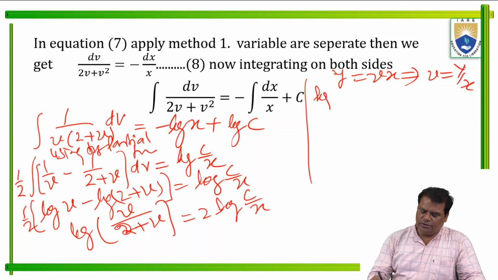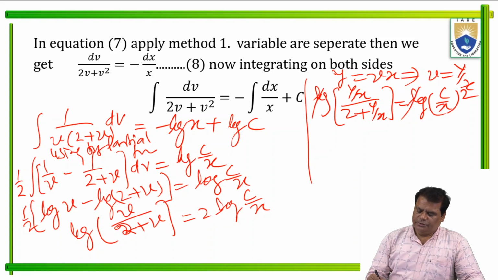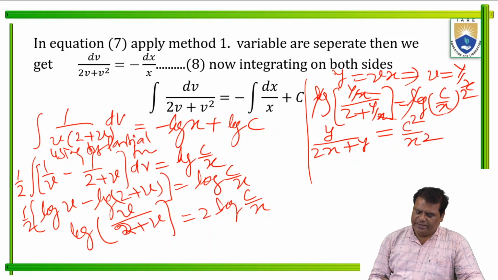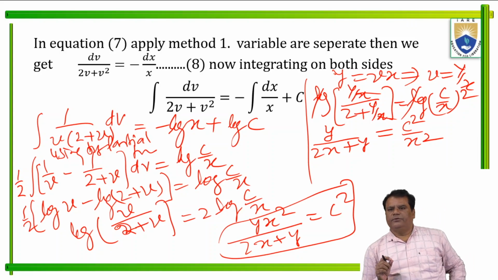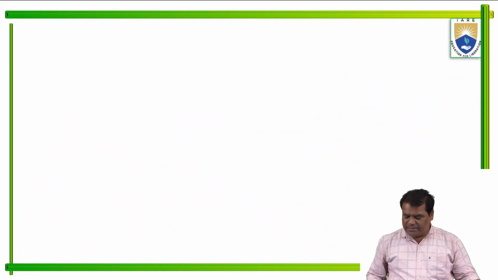So this equation is log y upon x upon 2 plus y upon x equal to, taking square, log of c upon x whole square. So log cancels. So y upon 2x plus y equal to, x cancels. So this is c square upon x square. Final answer: yx square upon 2x plus y equal to c square. This is the complete solution. Okay, so this is the solution of this differential equation with the help of the homogeneous method.